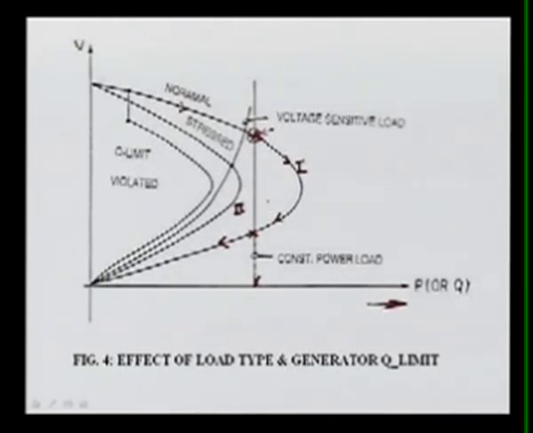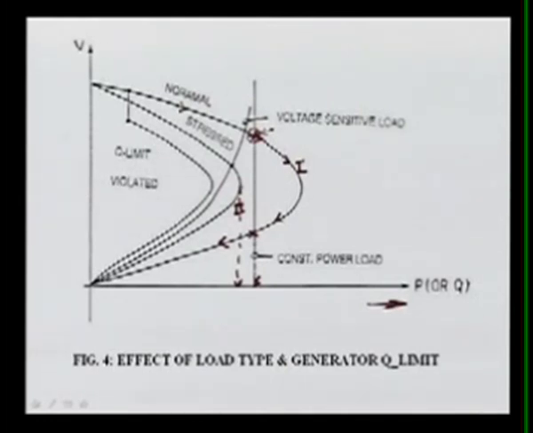This line is not intersecting, so it is not possible to go for this much power, because the maximum power here will be only your critical power, P critical. You cannot get more power on that bus.